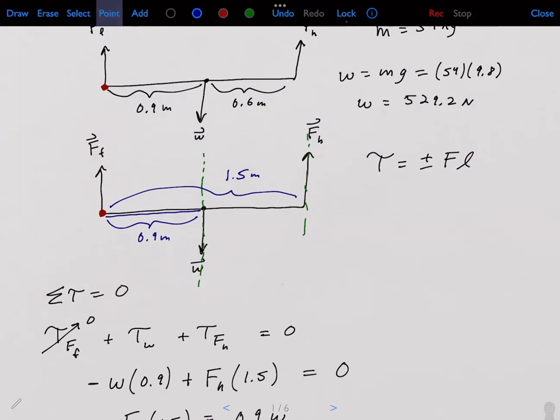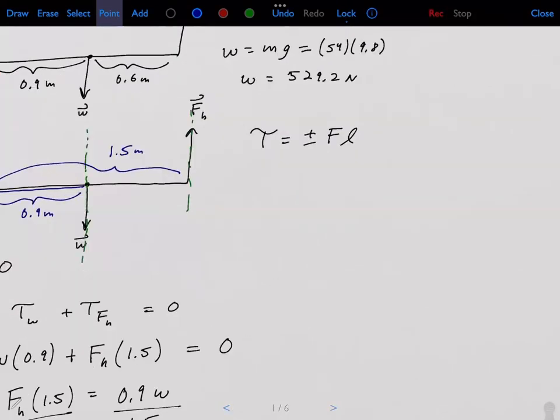Another way of doing this, since we know that she is not only in rotational equilibrium, she's also in translational equilibrium, right? She's static in the x and y directions. So we also know that the sum of the forces has to be 0 in the x direction and also in the y direction.